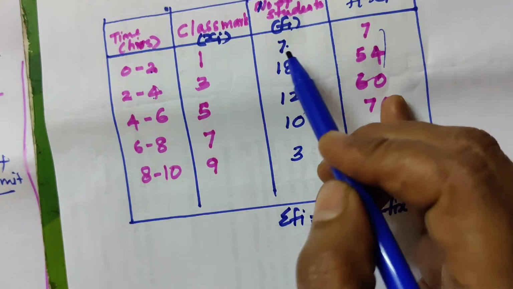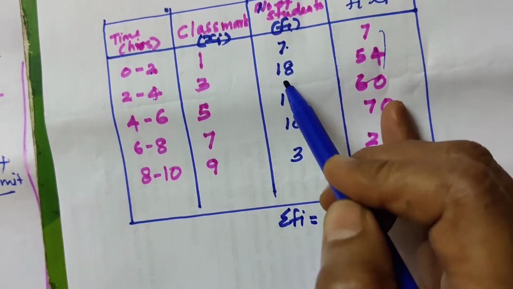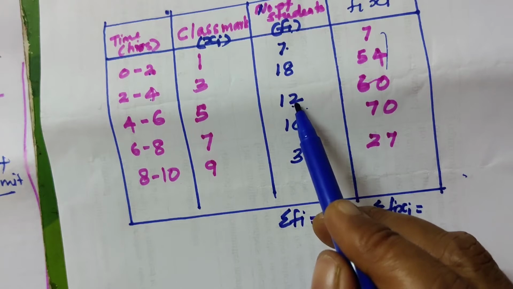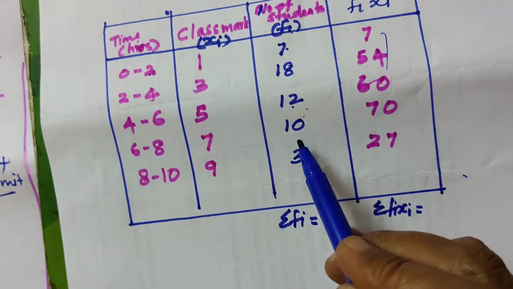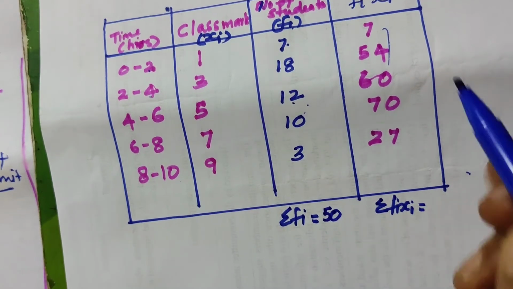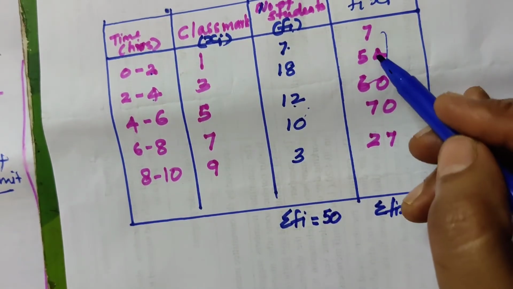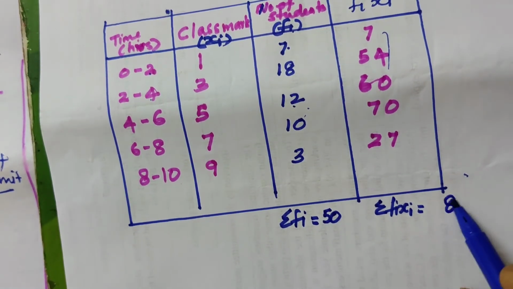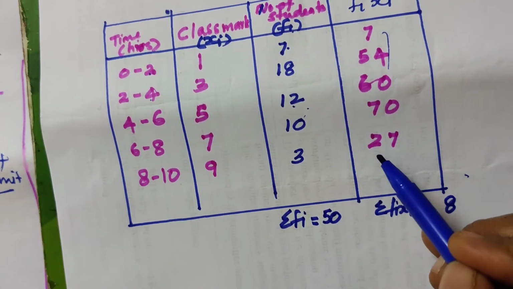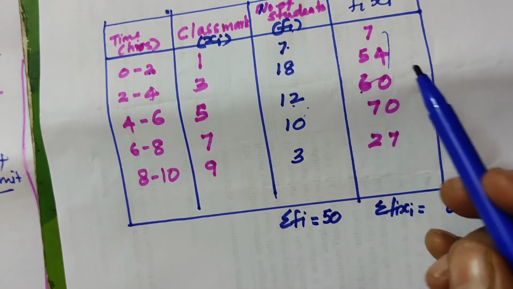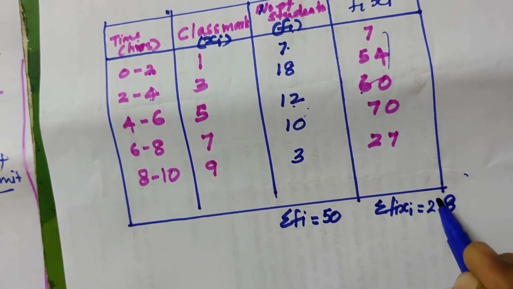That means 18 plus 7 is 25, 25 plus 10 is 35, 37, 37 plus 10 is 47, 3 more and we will get 50. And here 54, 7 plus 4 is 11, 11 plus 7 is 18, then 2 plus 1 is 3, 10, 16 and 21, 218.